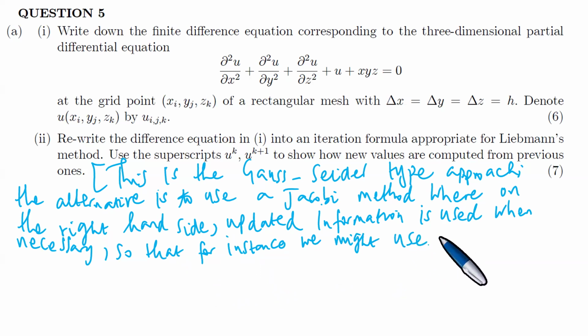for example, the u subscript i minus 1, j, k superscript k plus 1. This means the iteration level, of course, so the k plus 1 in the parentheses.